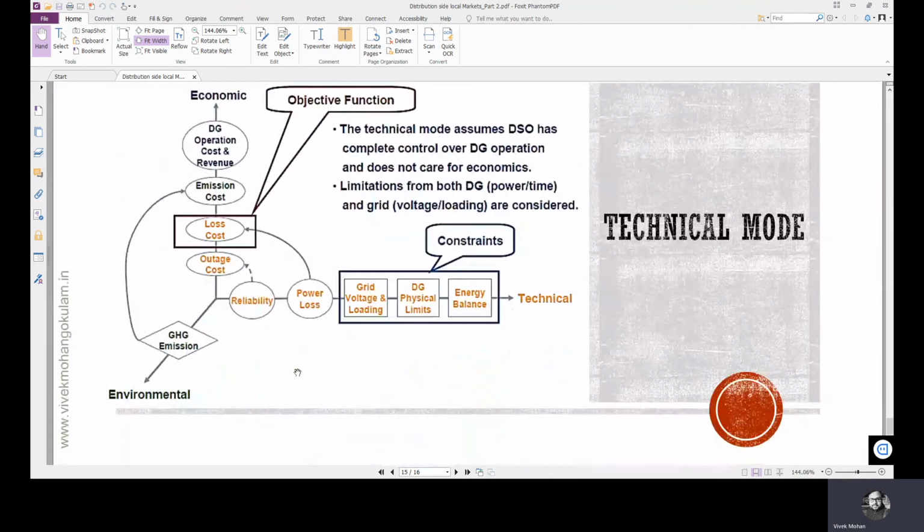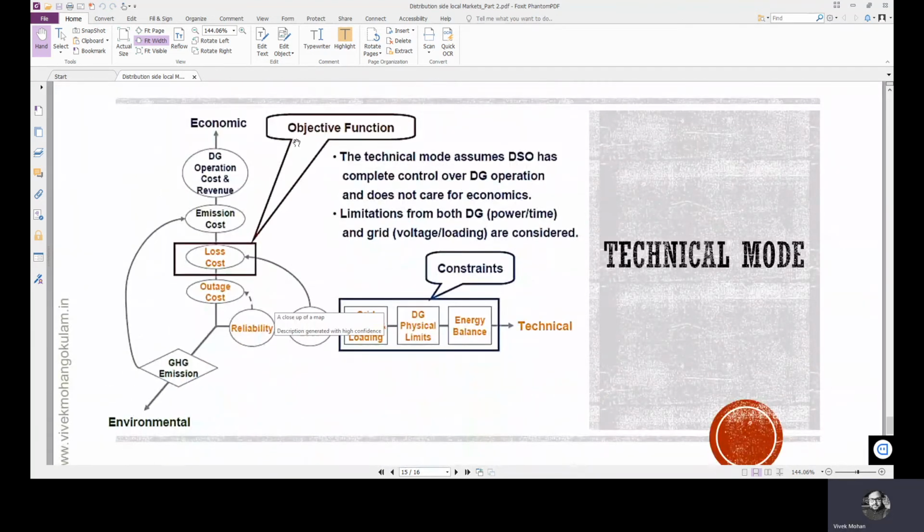Now, going to the technical mode. See, the objective function has now changed. It has changed from here to here. Loss cost. So if power loss is converted into cost, and if that cost is minimized, again, the control variables are active power outputs. It can be reactive power outputs also. Okay, it depends.